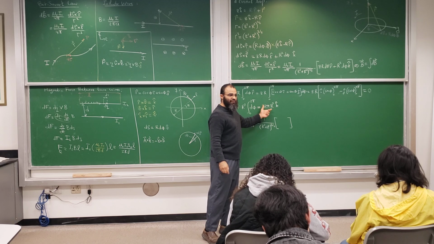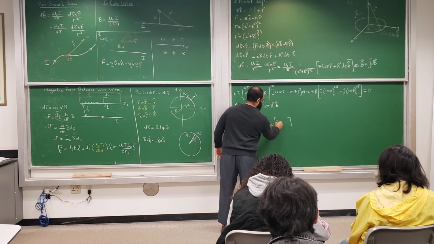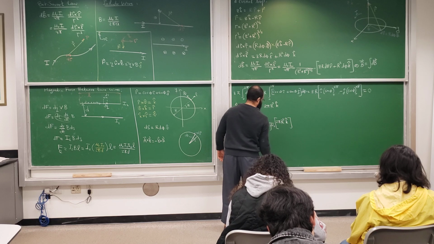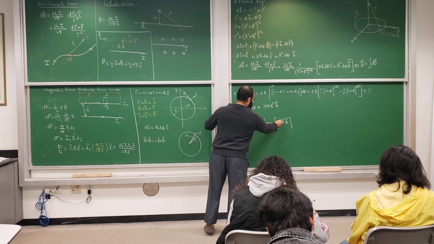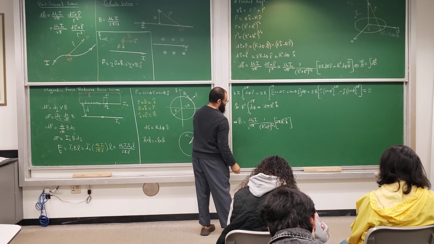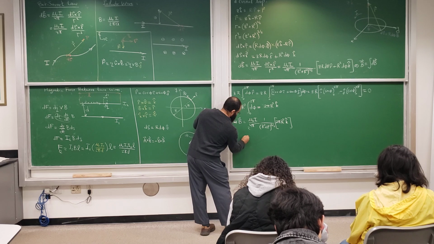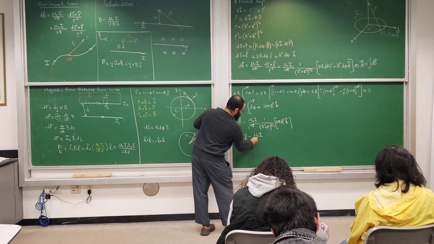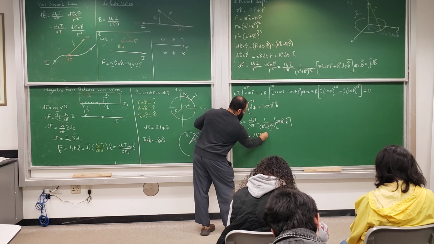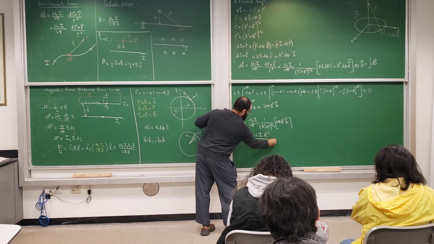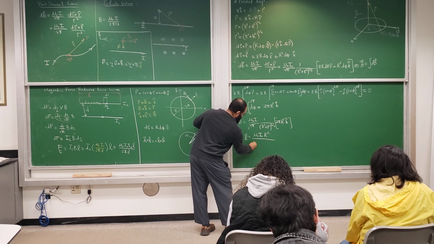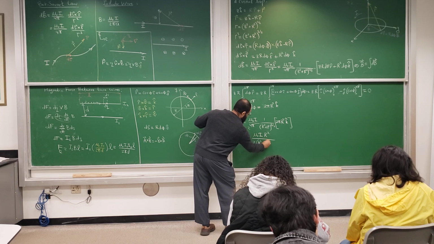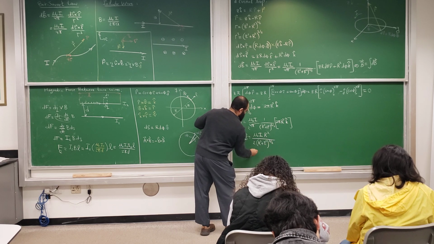This: 2 pi r squared k hat. And the 2 pi here cancels with this, so you get a 2. So B is going to be mu naught I r squared over 2 times r squared plus z squared to the 3/2 power.